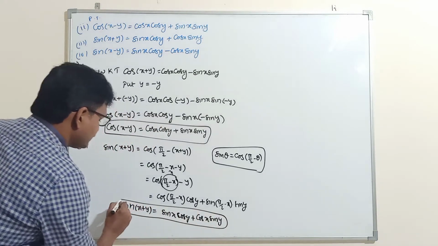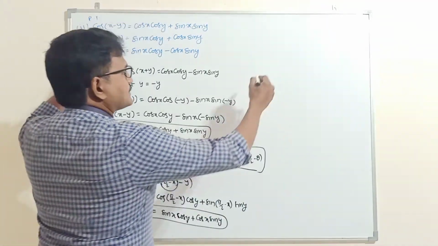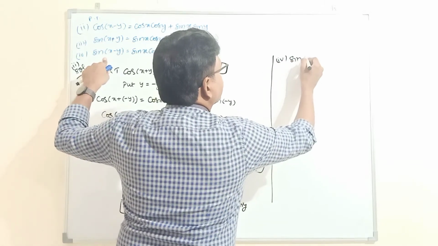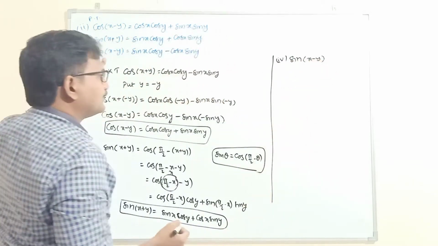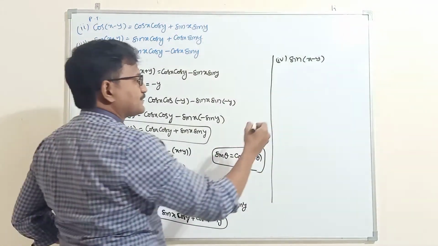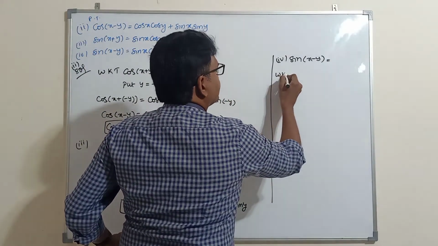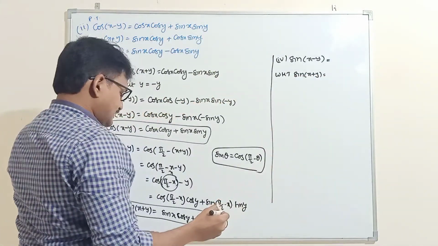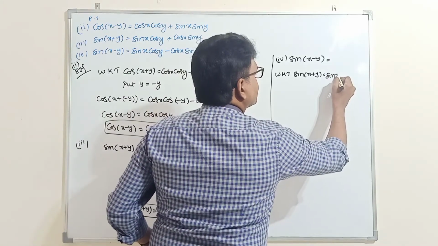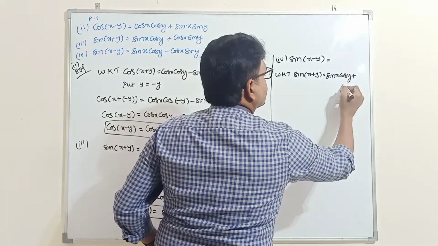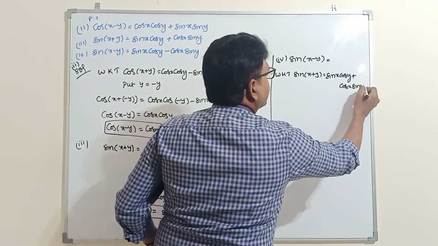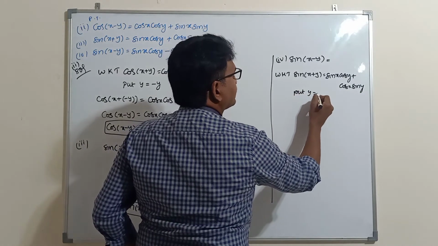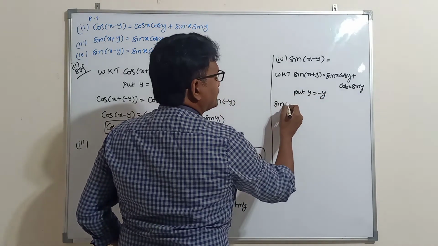Next, we have to prove sin of x minus y. We know that sin of x plus y is equal to sin x cos y plus cos x sin y. In the place of y, replace y with minus y both in LHS and RHS.